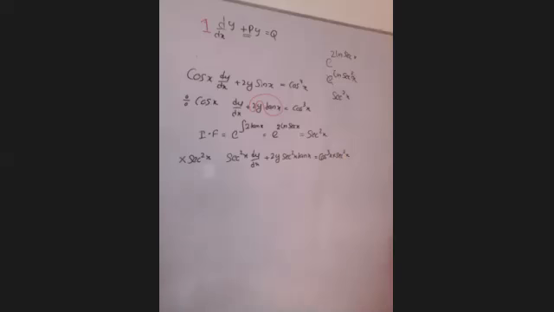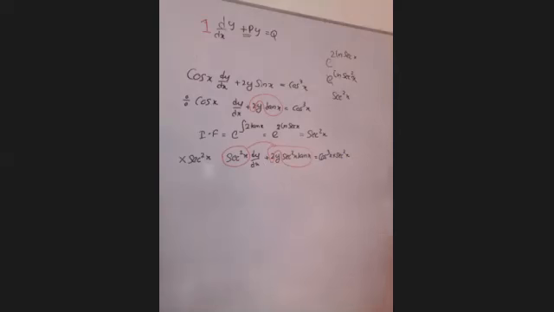Now see this part of it: the differentiation of sec squared x. You just differentiate and you will understand that it turns up to this figure. Just differentiate and see whether you get this answer. Definitely it happens.